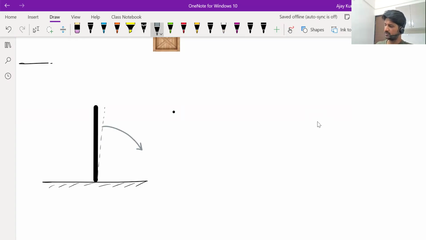The rod will fall off like this. It won't go back to equilibrium. So this initial position is an equilibrium position, but that equilibrium is unstable. Even if you disturb it slightly, it goes away from the equilibrium position. You can think of many such examples.